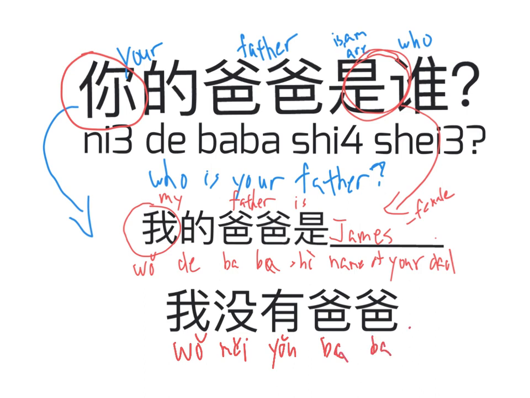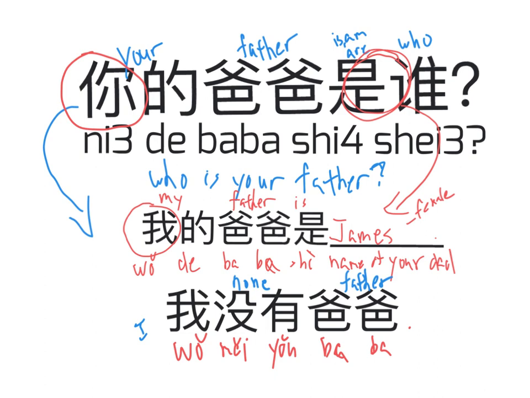Now, what does 我没有爸爸 mean? 我 again is I, and then 没有, if you check it in the vocabulary that we have studied earlier, 没有 means none. It's also found in the HSK. 没有 is none. 爸爸 is father. So I, none, father.